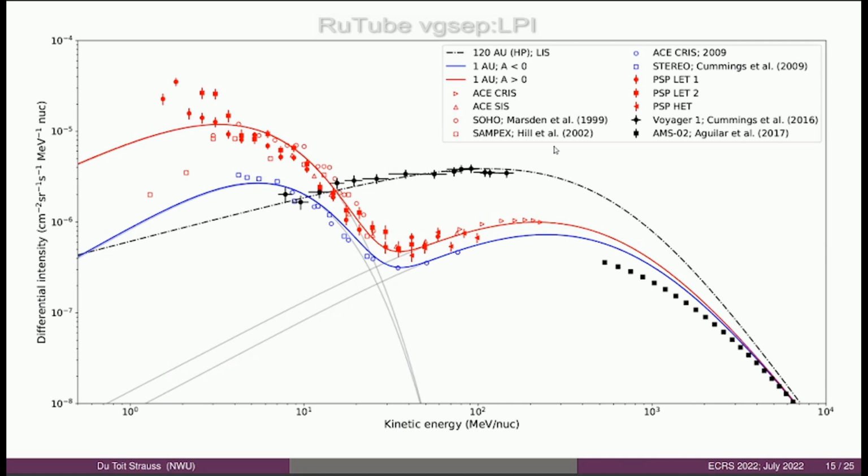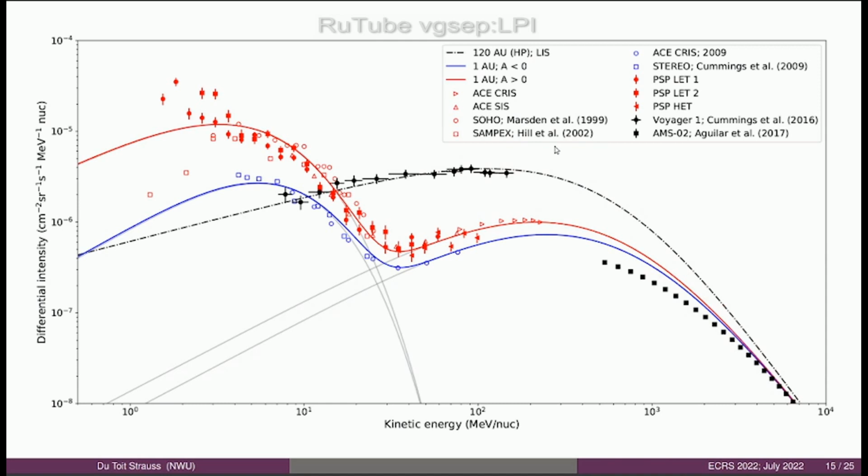We have a very good idea of this at the moment because we have these black data points. That's measurements by Voyager spacecraft outside of the heliosphere. At high energies, you have AMS and PAMELA observations, which constrain this input boundary condition at the highest and at the lowest energies. So you're more or less constrained in what you can feed into the model.